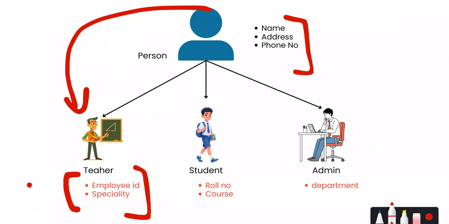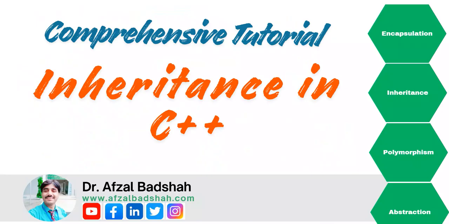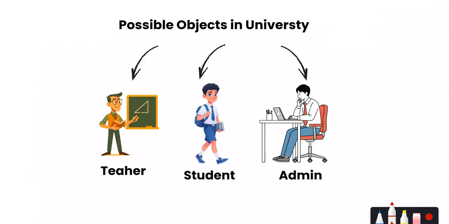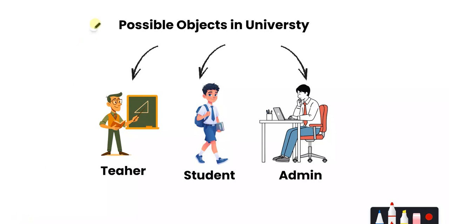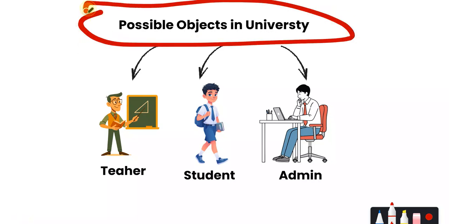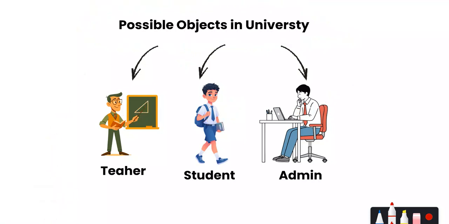So we should look at that once again. We should recap why we need inheritance and what inheritance is. Look at that program. Every time we discuss classes, we discuss that program for the university. For example, you agreed for the university program that you will include teacher as an object, student as an object, admin as an object, because all of them have their own part in that program.